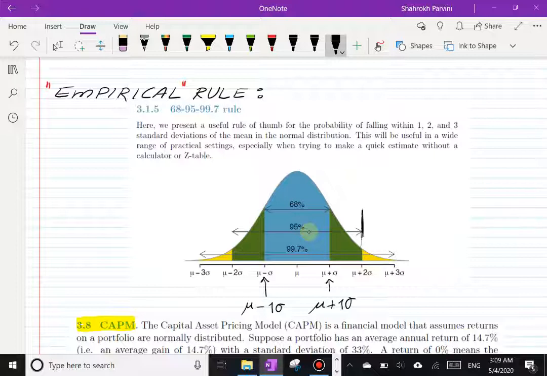Within 2 deviations, that's 2 deviations above and 2 deviations below, right? In that interval lies 95% of scores, and 3 standard deviations, that's 3 to the right and 3 to the left.